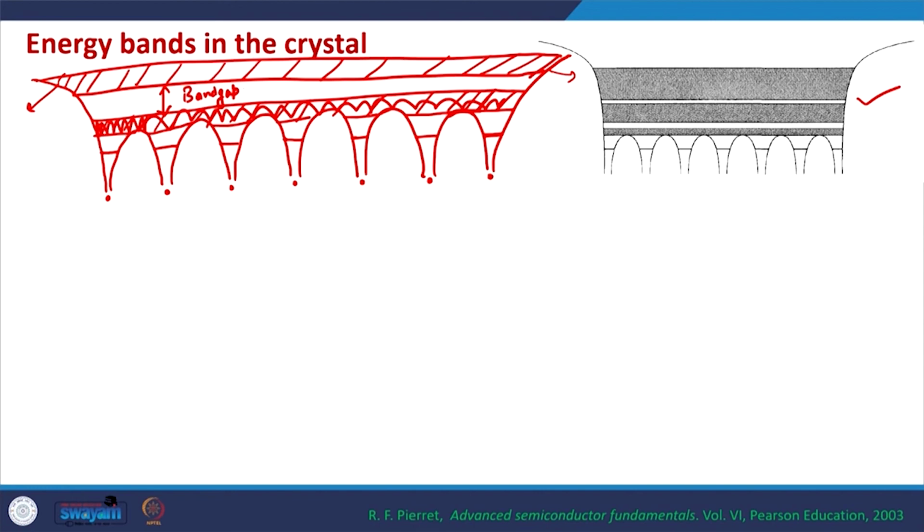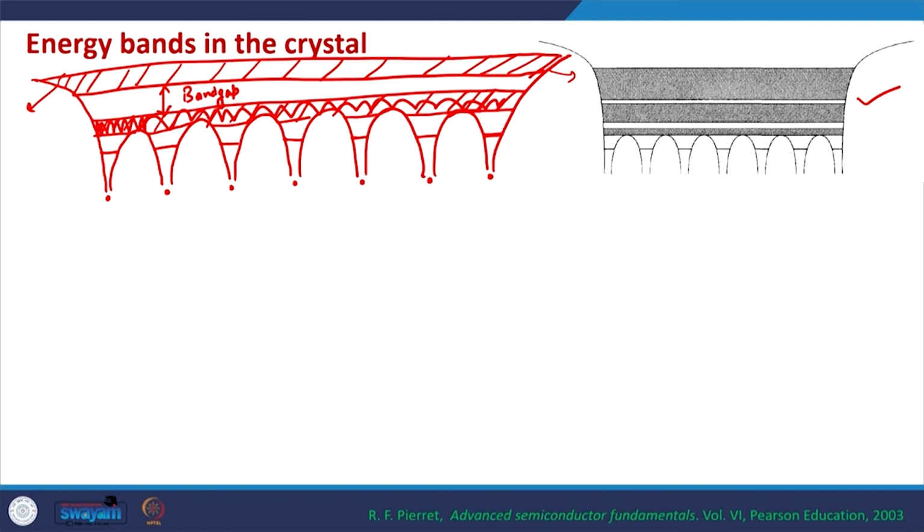So, this is the physical picture of the valid energy values of electrons in a solid, in a 1D solid particularly.